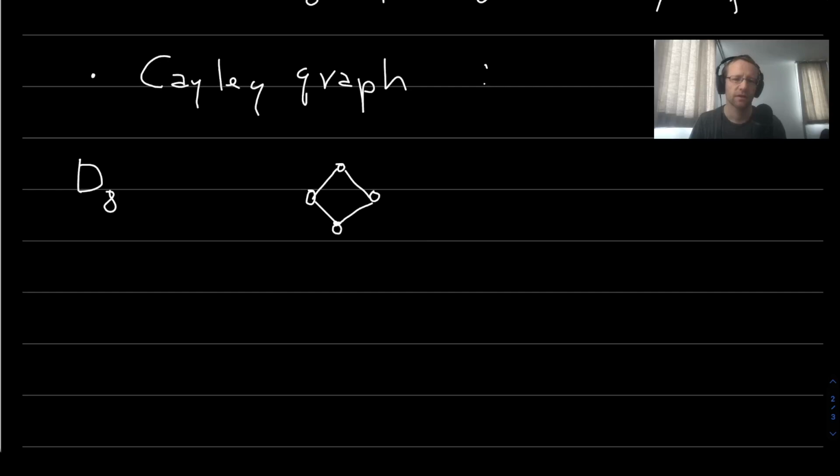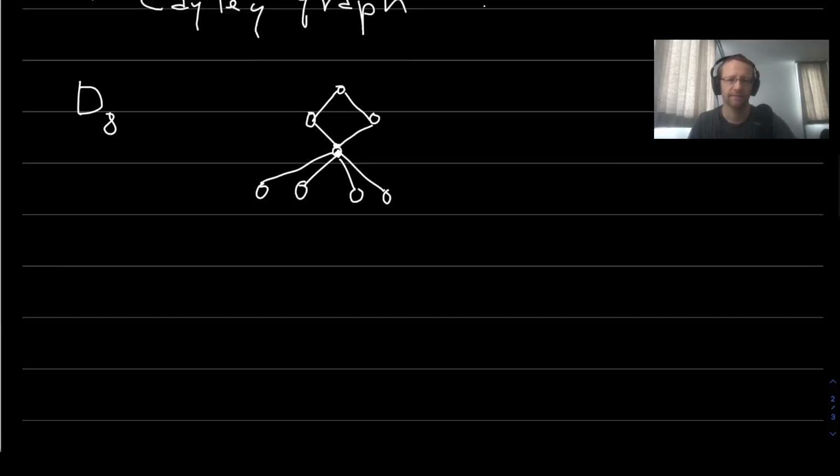And then we have 4 reflections. 2, 3, 4. 8 nodes, 8 group elements. This is the Cayley graph for D8.